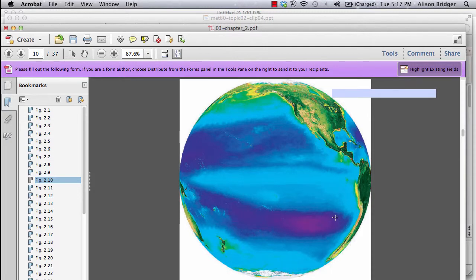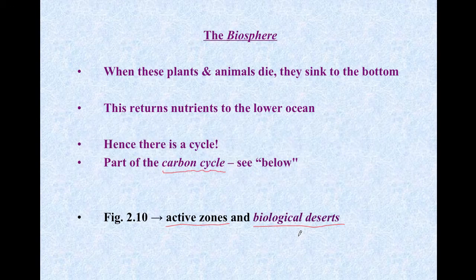By comparison, the equatorial ocean, this region here, and along the margin of South America and along the margin of North America, those are fairly rich zones. Even up here you can see along the southern coast of Alaska, it's a very rich life zone. That's interesting that there are biological deserts in the oceans, regions where there's less life and more life.